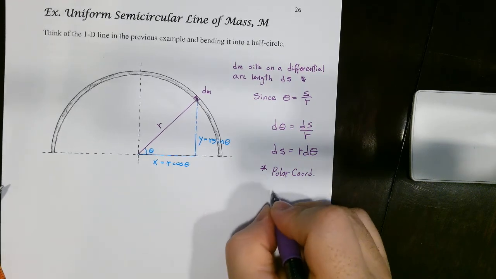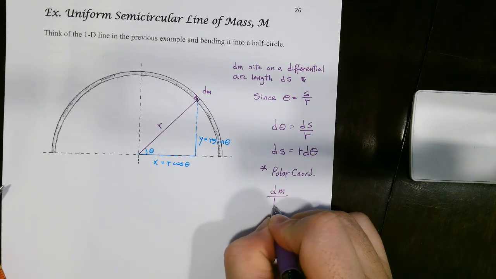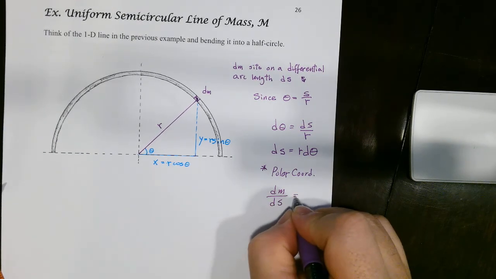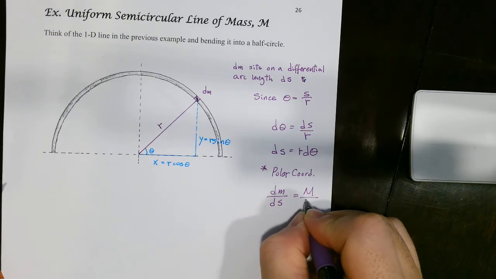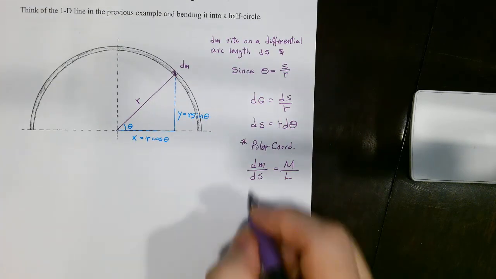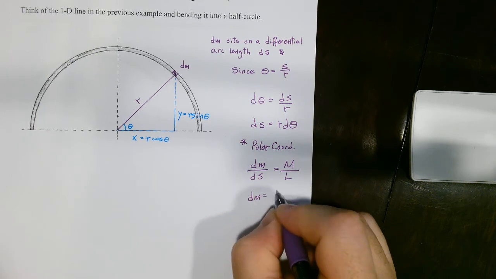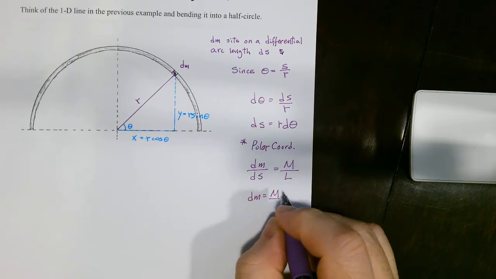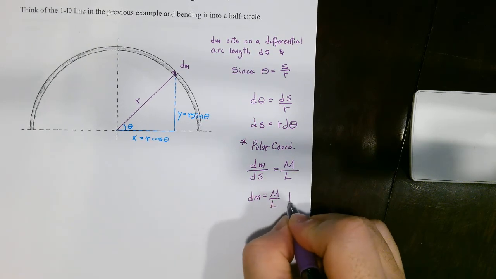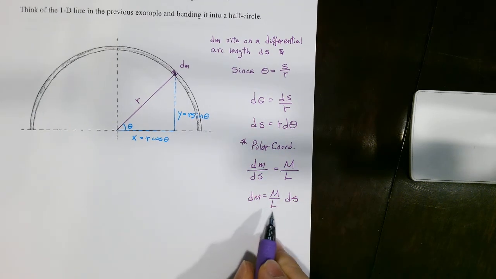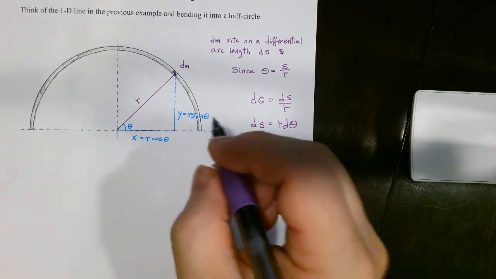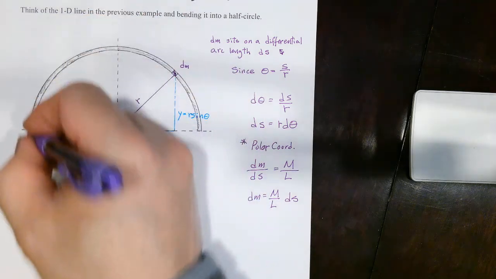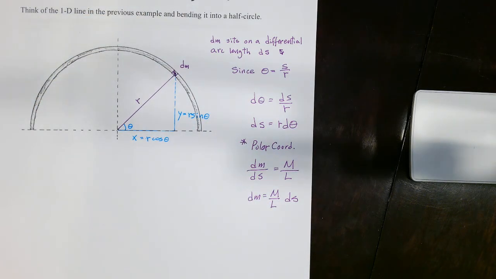So dm over ds is equal to total mass over total length L. So dm is equal to m over L ds. But what is this length L? L is semicircular, so instead of 2 pi r, it's pi r.